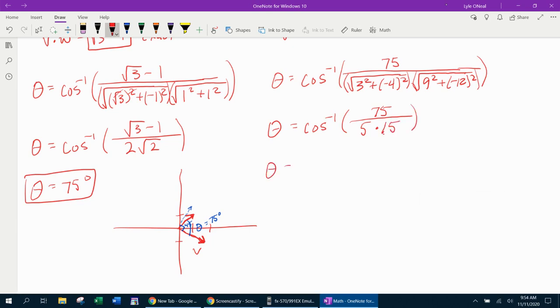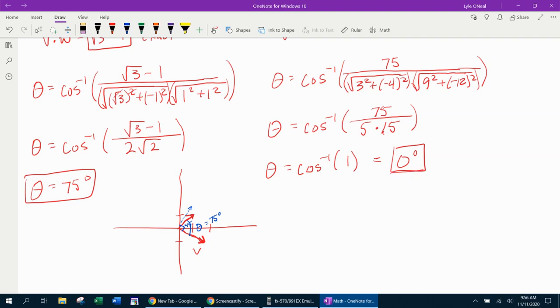So what is that going to simplify to? This is getting interesting here. That's the inverse cosine of 75 over 75, which is 1. And the inverse cosine of 1 is 0. Uh-oh, what does that tell me? This is kind of important. If the angle is 0 degrees, that means that these vectors are parallel.